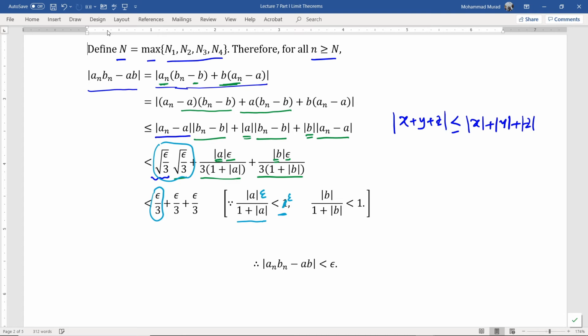So we get this inequality here. Similarly, for the third term, we would have this inequality.